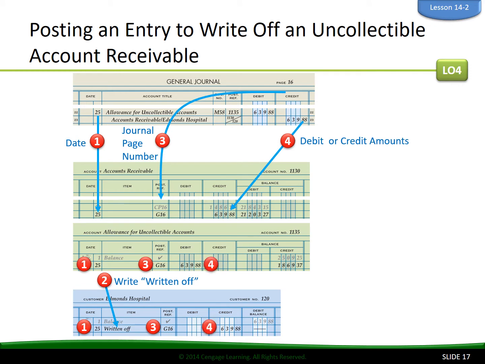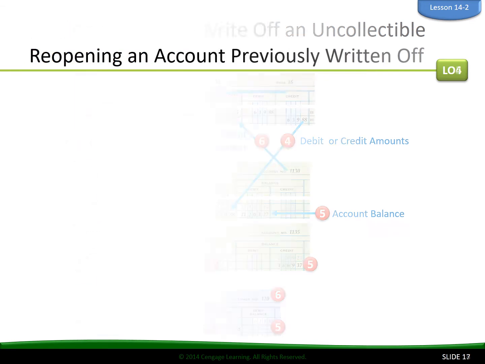Okay, and these are $639.88. The account balance. And then only over there, you see where that diagonal was before, and you write the account number. Okay. 1130, 1130, and then 120, which is the customer account.